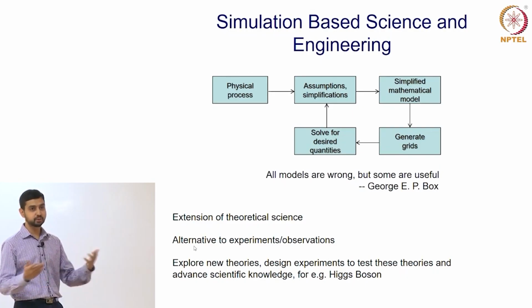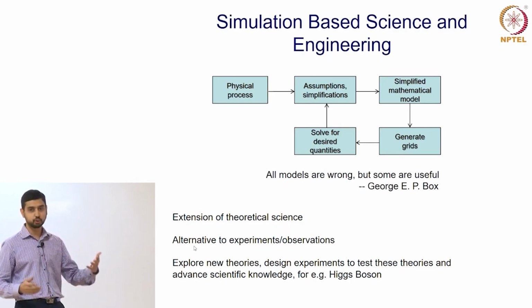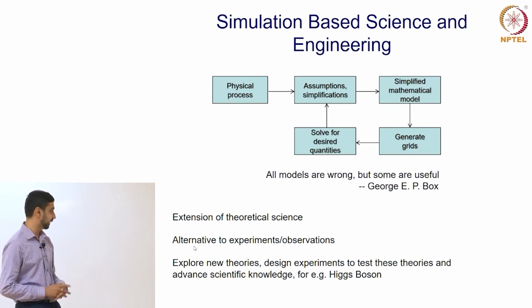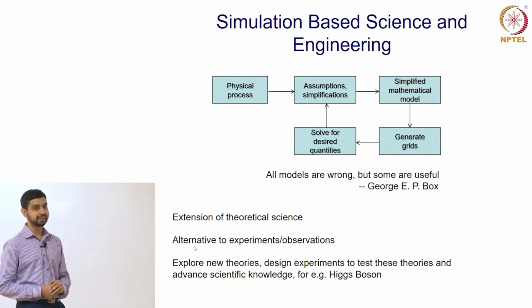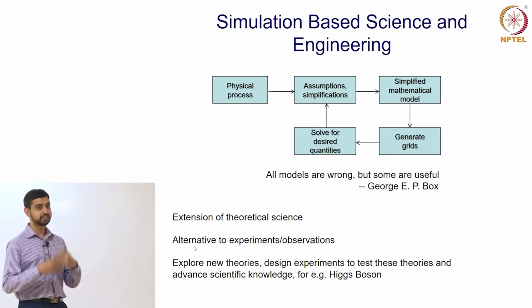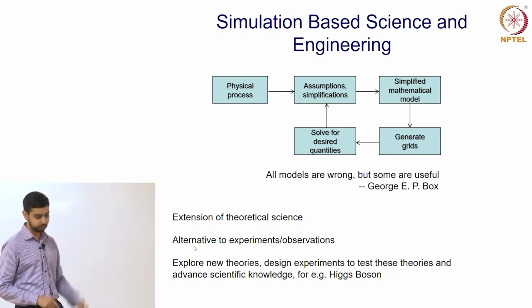You may have heard of the particle accelerator at CERN, and they did all these particle colliding experiments, and then they were able to verify his predictions that he made way back in the 1960s. And there are several computational models out there which were able to predict it. So, these computational models are able to help you design these alternate experiments that could eventually advance scientific knowledge.